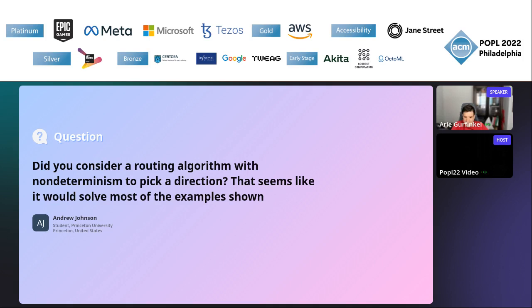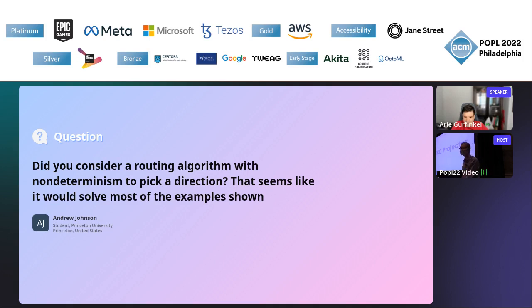We have to just reconfigure our setup for a second. We do get audio from you, but we lost the video. Would you be able to repeat your question? I'm sorry, it's not my question, it's Andrew Johnson again. The question is, did you consider routing with non-determinism? It looks like it would solve most of the examples shown.